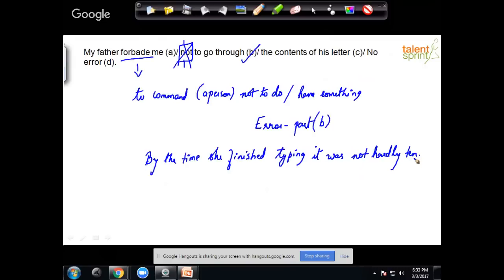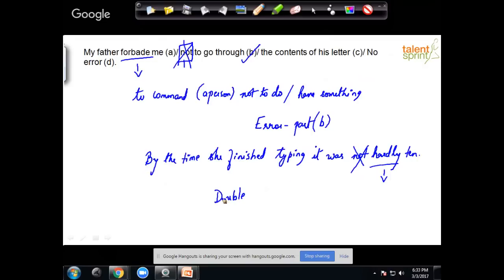So in the context, you obviously know you don't need this not here. By the time she finished typing, it was hardly 10, which already gives me the meaning that it was not 10. So these sort of rules are called double negatives, right?